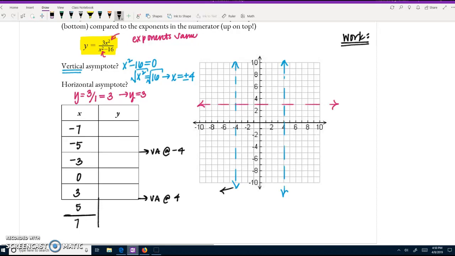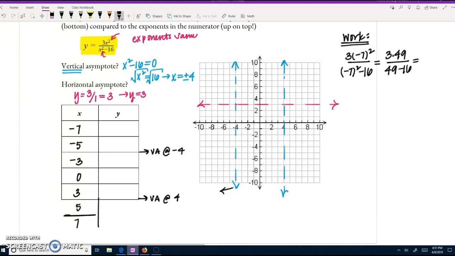So first, if I plug in negative 7, I'm going to have 3 times negative 7 squared up top, and then I'll have negative 7 squared minus 16 down below. So this is going to end up being 3 times 49 over 49 minus 16. So I'm going to go ahead and grab my calculator and plug these in, and we'll see what we get from plugging in our negative 7.